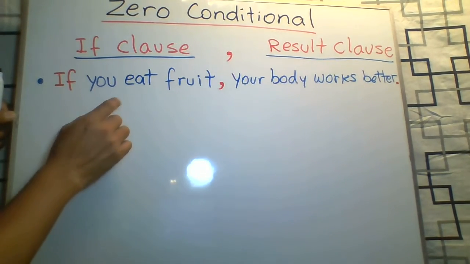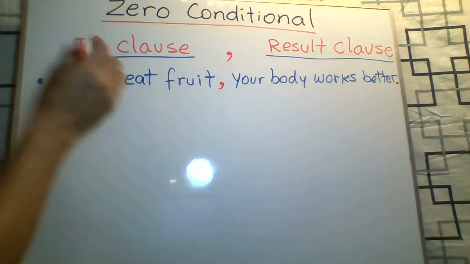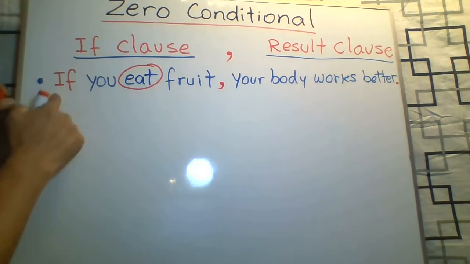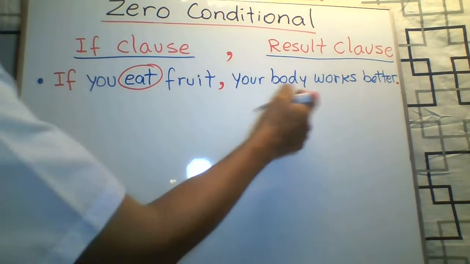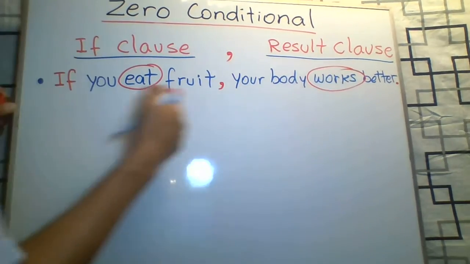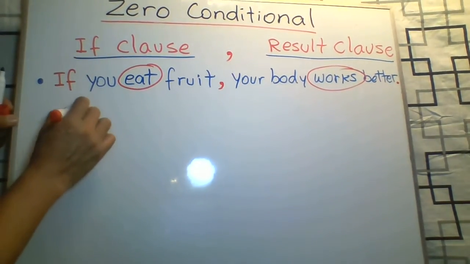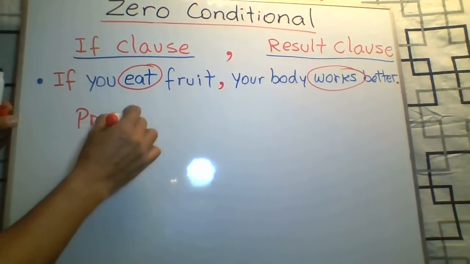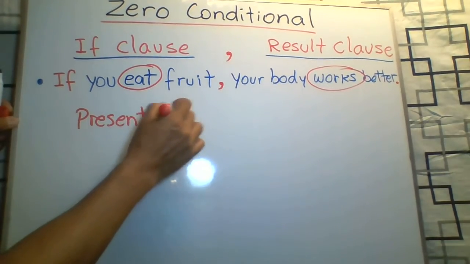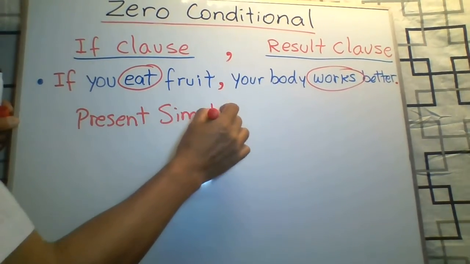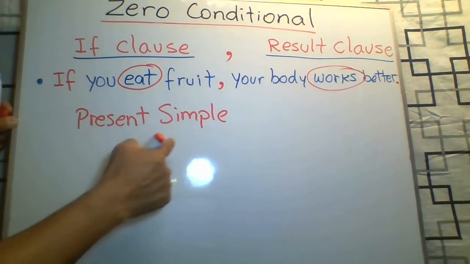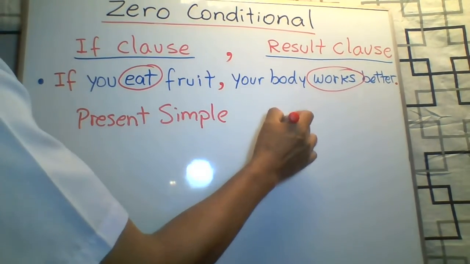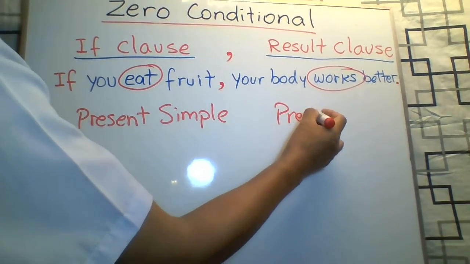But notice these are the verbs. If you eat, your body works. Both of them are in present simple, or simple present, as you can say. In both cases, present simple.